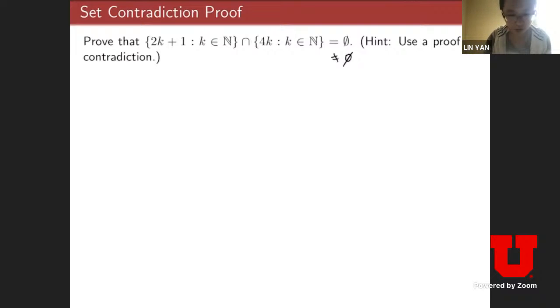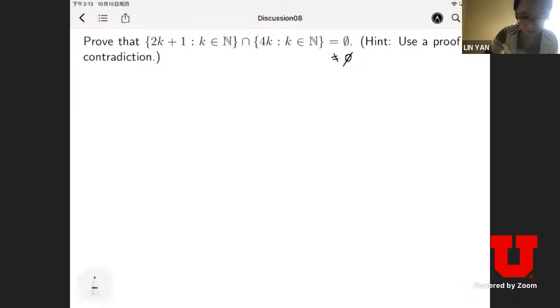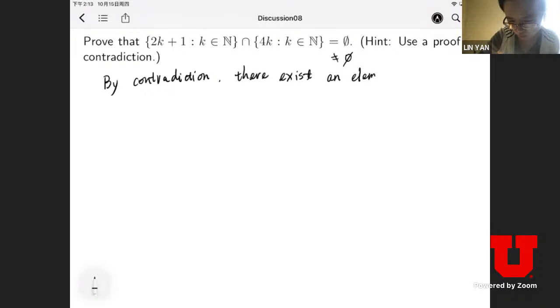So by contradiction, the contradiction is that the intersection of these two sets is not empty. So by contradiction, there exists an element X that is an element of the intersection of these two sets.